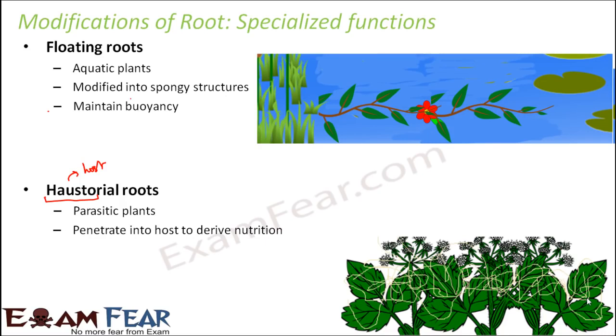You would have seen these kinds of parasitic plants in bushy areas where there are too many plants, or inside the forest areas. So these are some of the specialized modifications of root, where roots can perform photosynthesis, roots can help the plants to float, roots can also help in deriving nutrition from a host.